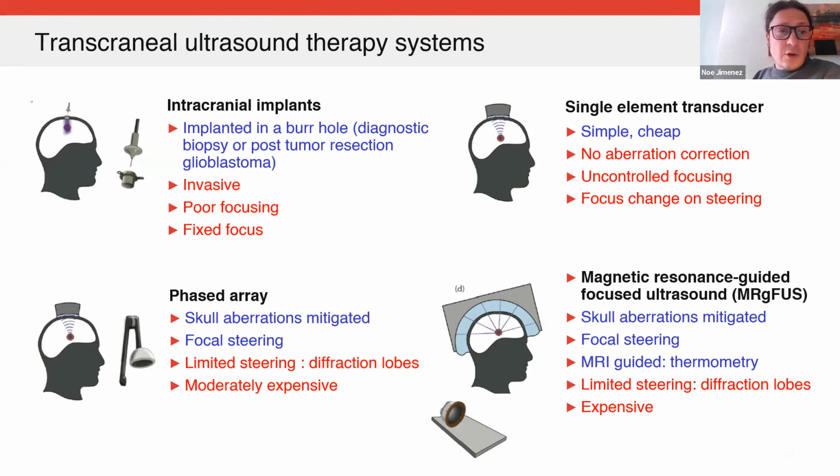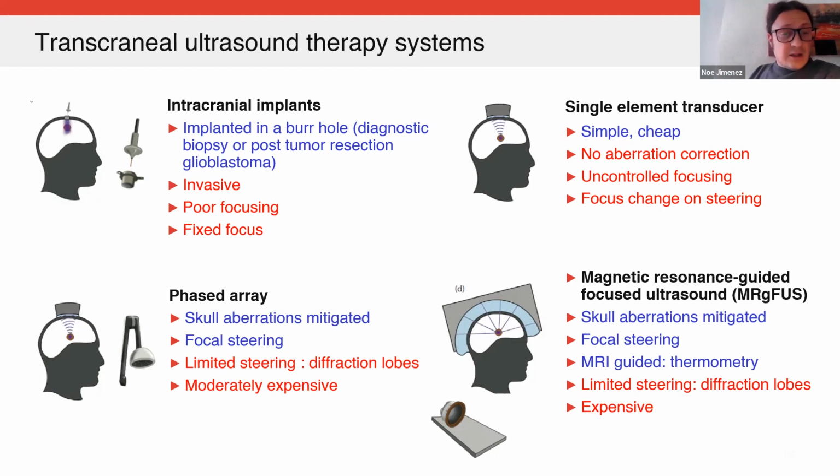But if you want to do it non-invasively, you can use a single element transducer. This is a simple and cheap approximation, but you have no control of these aberrations, and you can rely on simulations, but actually the focus is going to change a lot when you try to focus in different parts of the brain.